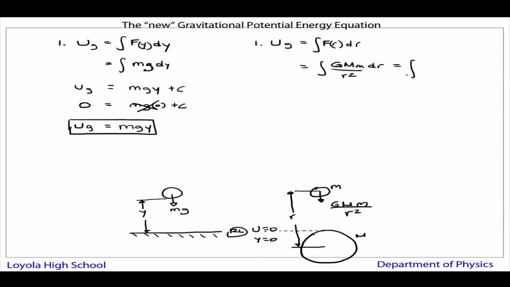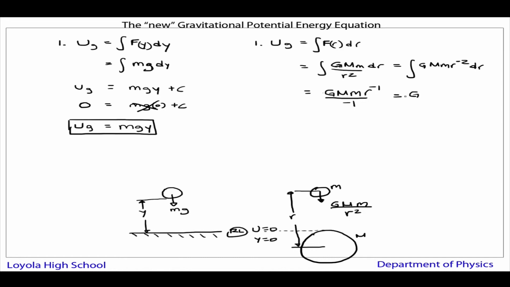I'm going to say the integral of G M m r to the minus 2 dr. And if you integrate this, you get G big M little m r to the minus 1. You add 1 and divide by the new exponent, or the way it's usually written is this.